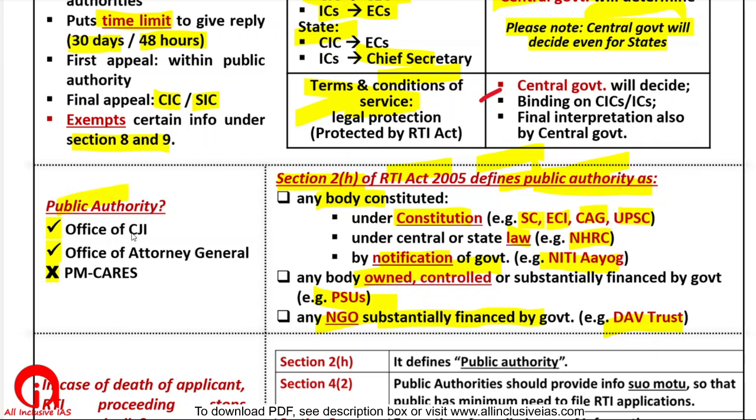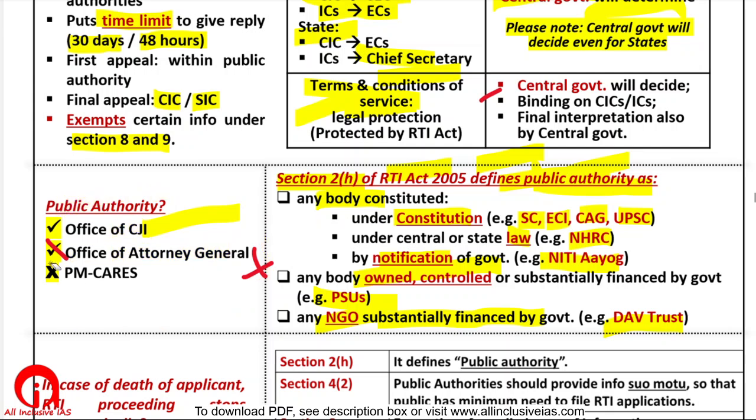Recently in the news, there were three things about public authority. Office of the Chief Justice of India: the Supreme Court has said yes, it is a public authority. Office of the Attorney General, I am sorry, this is not a public authority. So please remember that the Office of the Attorney General is not a public authority.